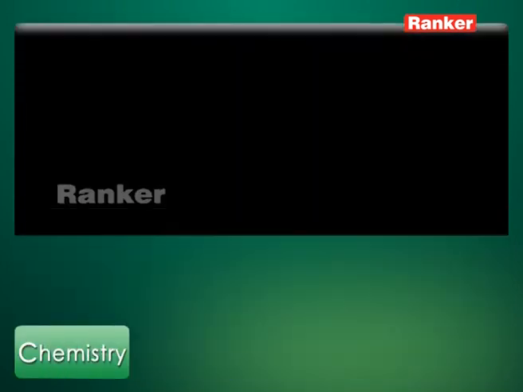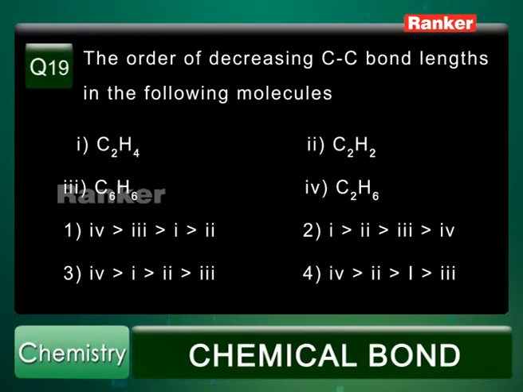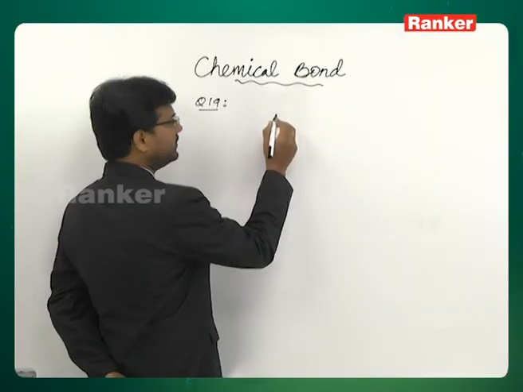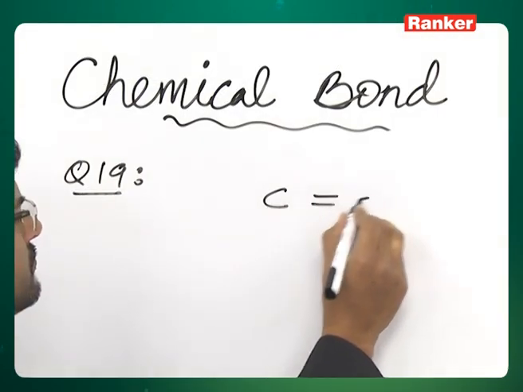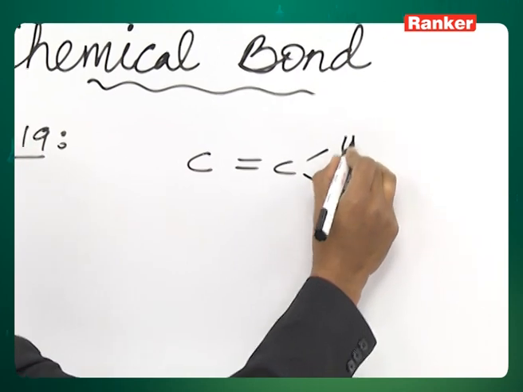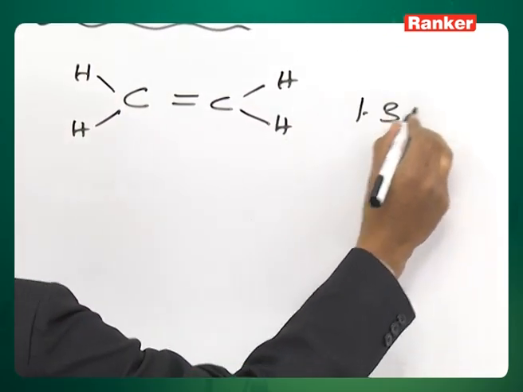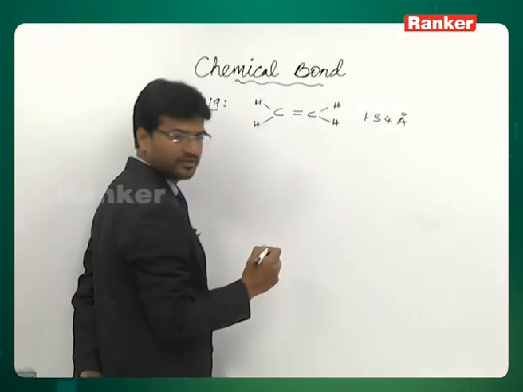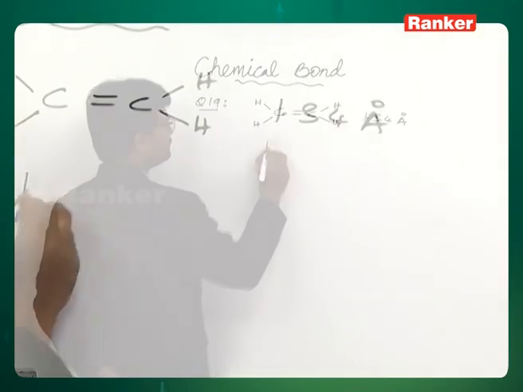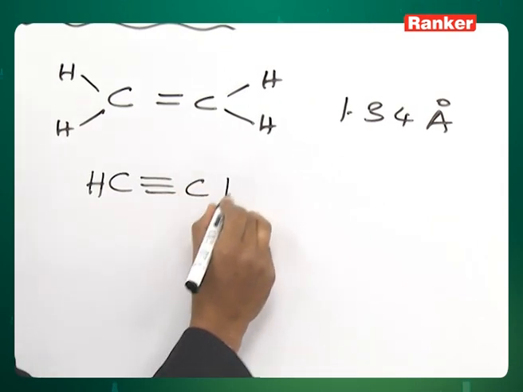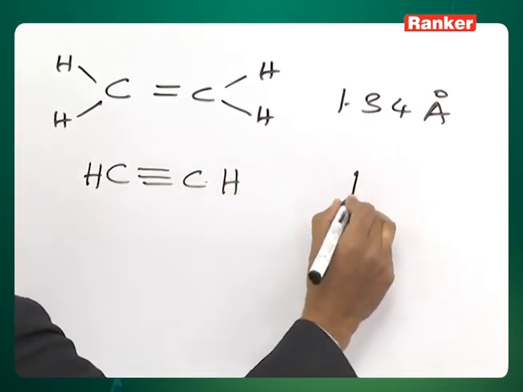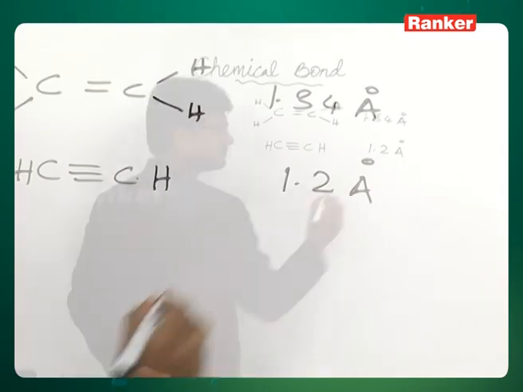Question 19. The order of decreasing CC bond lengths in the following molecules. This is C2H4, bond length is 1.34 angstroms. Then you have C2H2, bond length is 1.2 angstroms.